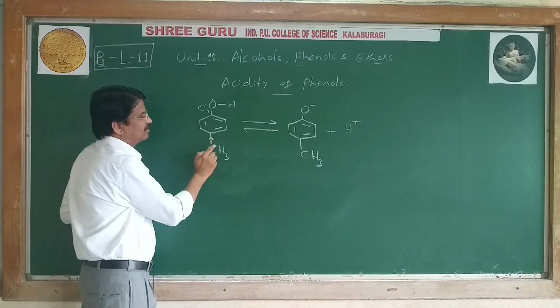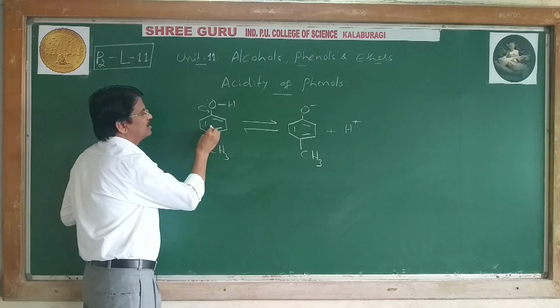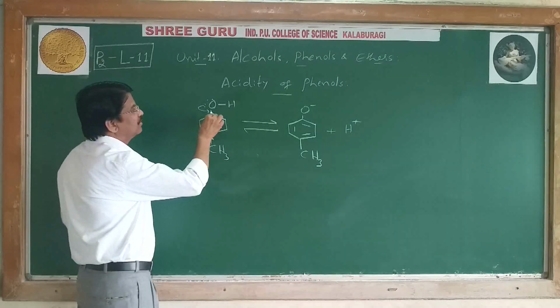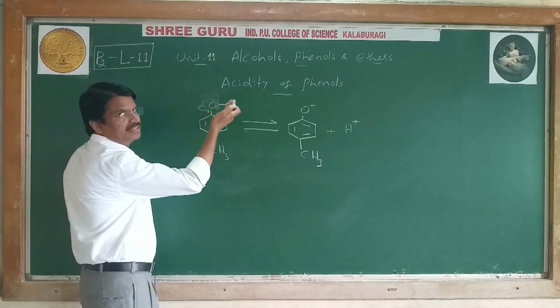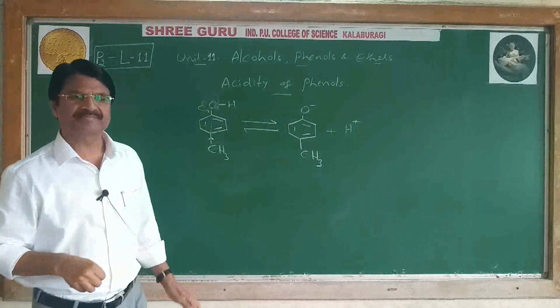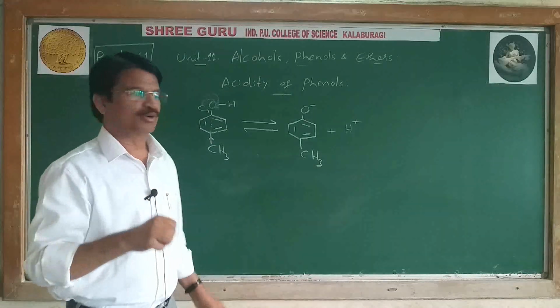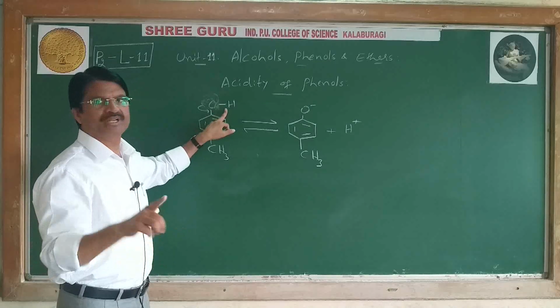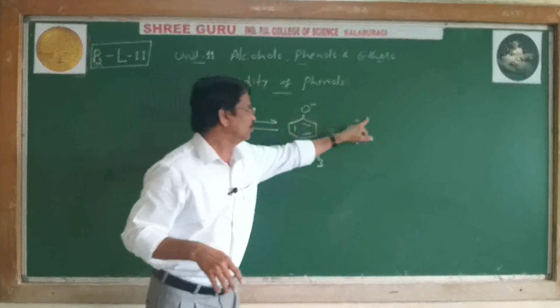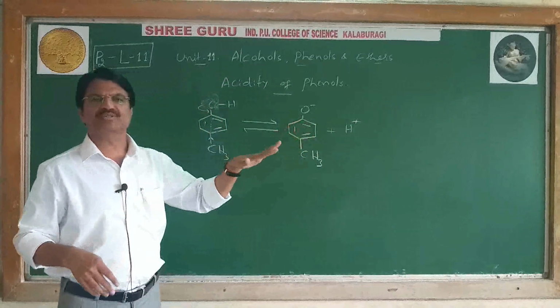Through inductive effect, yes, it opposes incoming electrons, and electron density on O increases. Therefore, the OH bond is less polar, or strength of the bond is more, and ionization is less, therefore giving lower concentration of hydrogen ions.